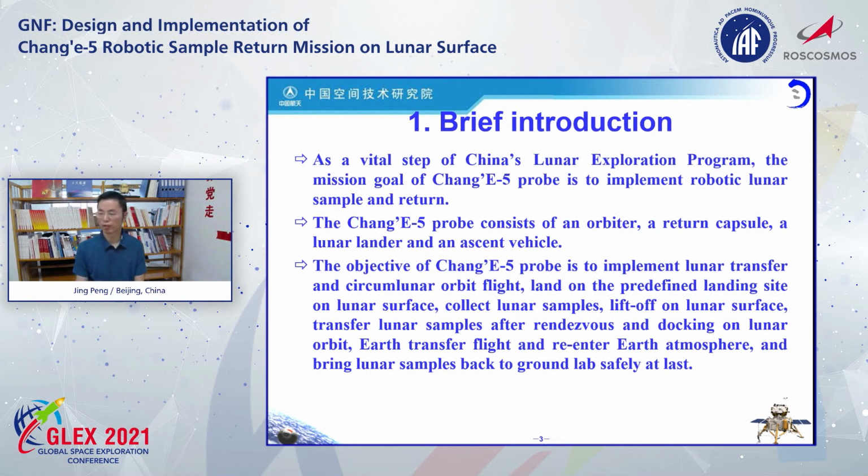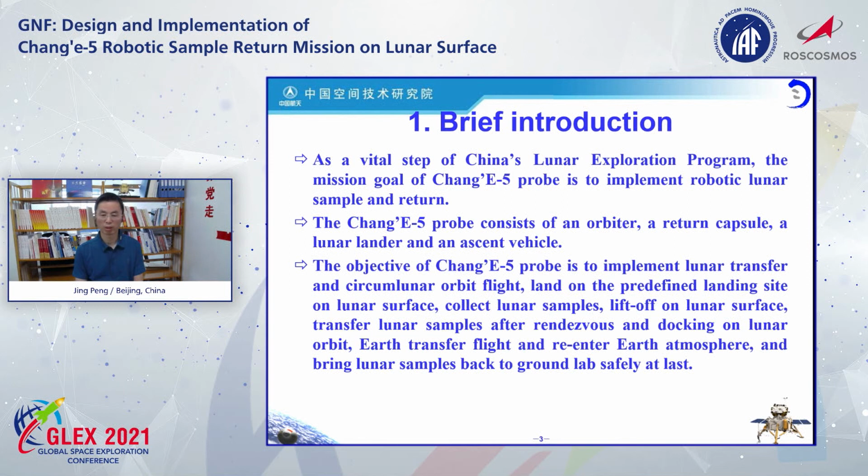Next slide, please. Now, at first, let's have a quick overview of the Chang'e-5 mission. As a vital step of China's lunar exploration program, the mission goal of the Chang'e-5 probe is to implement robotic lunar sample and return. The Chang'e-5 probe consists of an orbiter, a return capsule, a lunar lander, and an ascent vehicle.